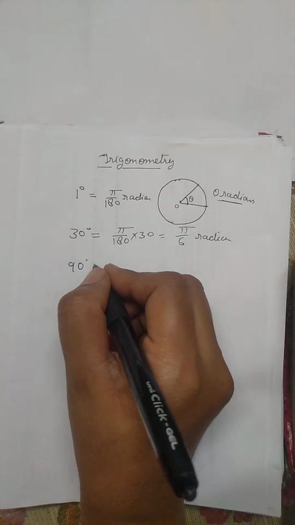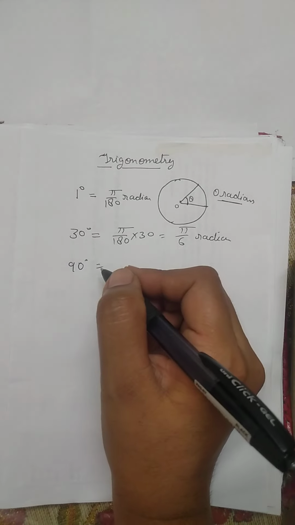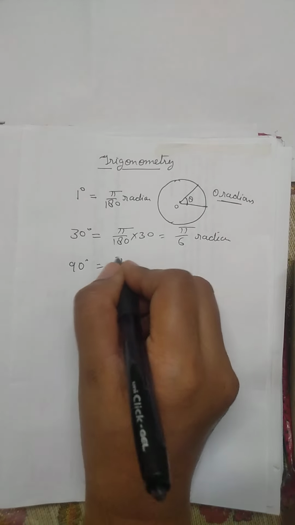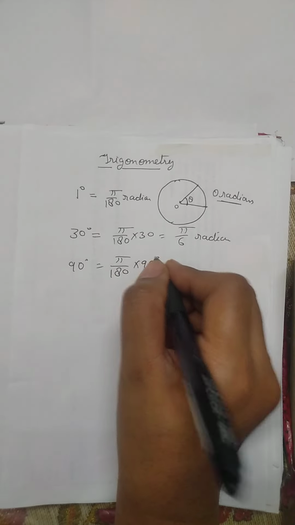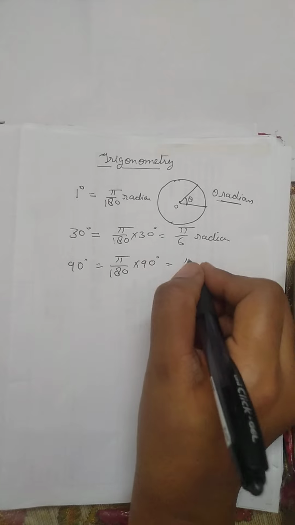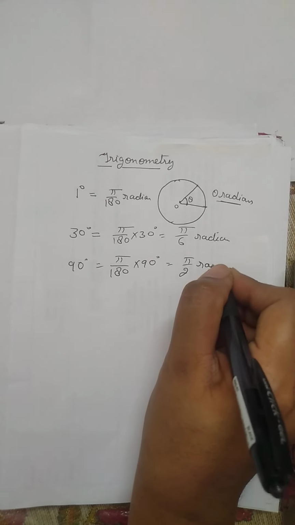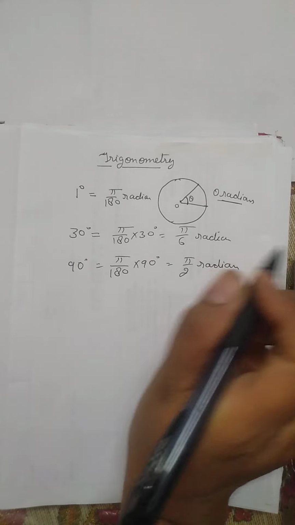Suppose 90 degree is to be converted to radian. We will multiply it again by pi by 180 and it will be pi by 2 radian. So this is the radian conversion.